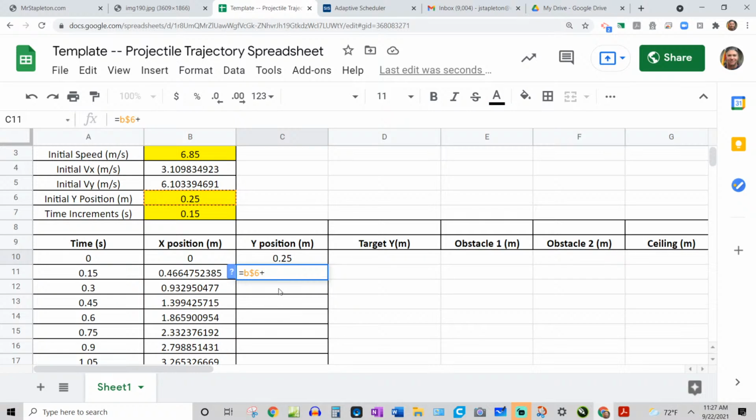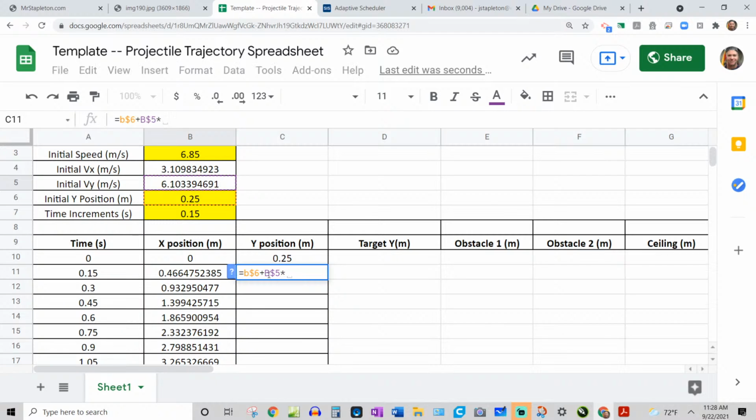So the displacement formula in the y dimension, since we've got acceleration, is V0t plus 1/2 at squared. So I'm going to take this initial position, I'm going to add on to it the displacement, which is V0y, and that V0 is never going to change, so I need a $ sign.